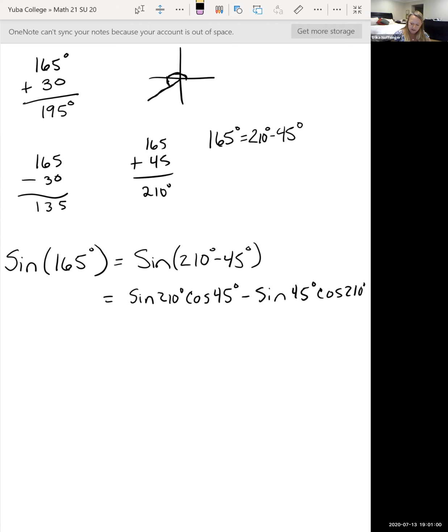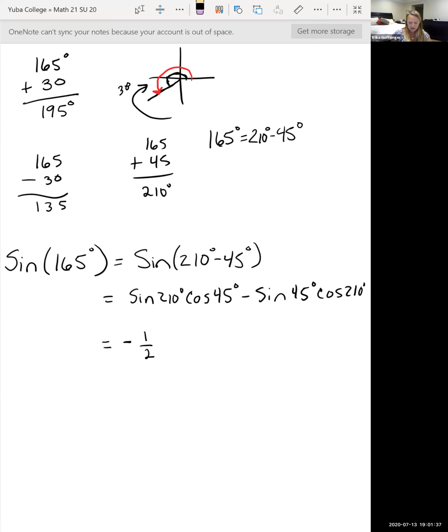So this is 30 degrees in here, and this is 210. You have to determine we're in quadrant 3 and what's positive and what's negative. They're both negative in quadrant 3, and 45 degrees is in quadrant 1, so they're both positive. I think of my reference angle, which is 30 degrees, but sine is negative in quadrant 3, and sine of 30 degrees is 1/2.